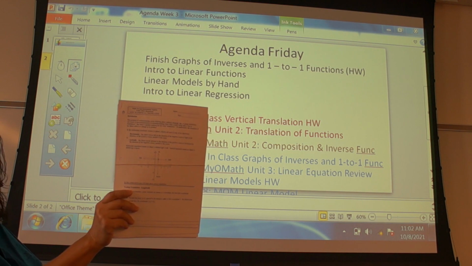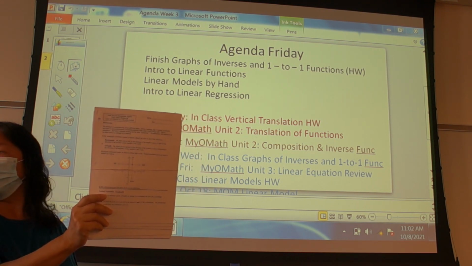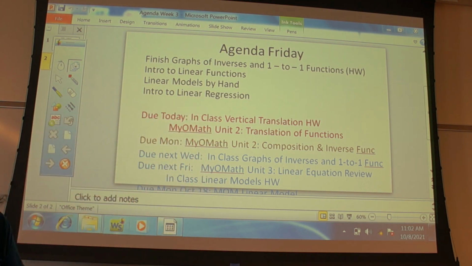Make sure you get it in as soon as possible if you don't have it in today. You lose 5% as you start getting later and later, it's 5%, 10%, 15%.